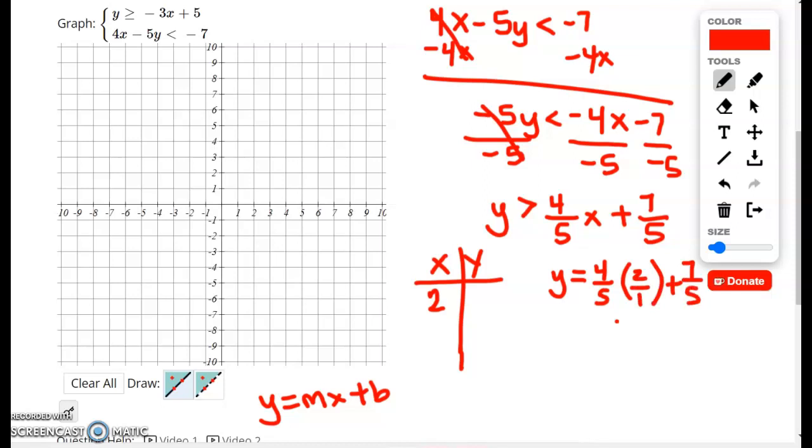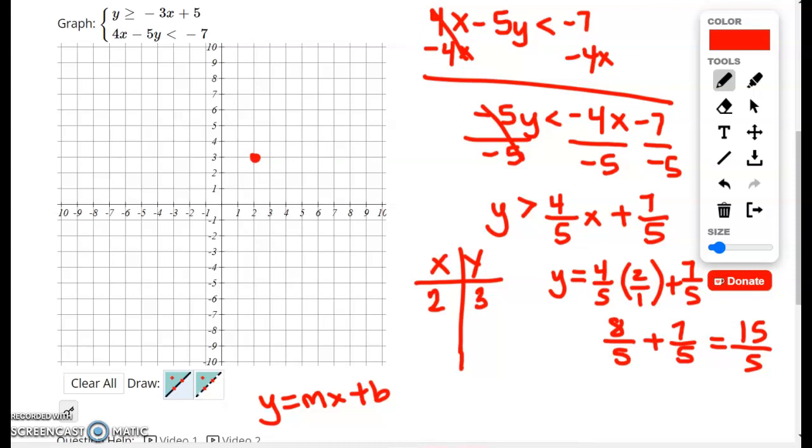So 4 times 2 is 8/5 plus 7/5. 8/5 plus 7/5 equals 15/5. And what is 15 divided by 5? That's going to be 3. So that gives us a whole number. And so now we can graph that point. We can go 1, 2, and then up 3 would be our point.